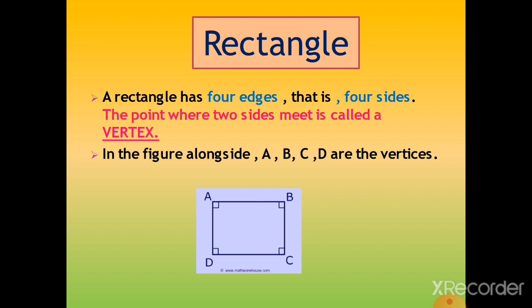These are the four sides of the rectangle. The point where two sides meet is called a vertex. In the figure alongside, A, B, C, D are the vertices of the rectangle.